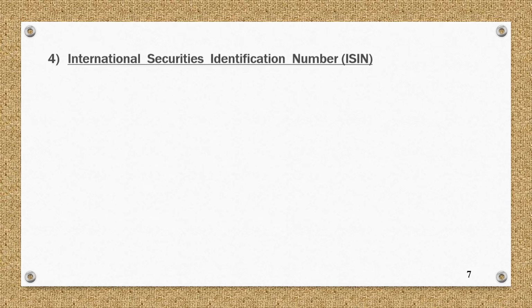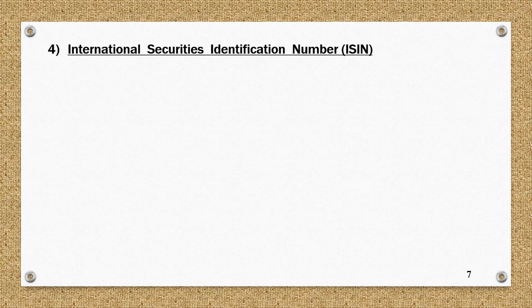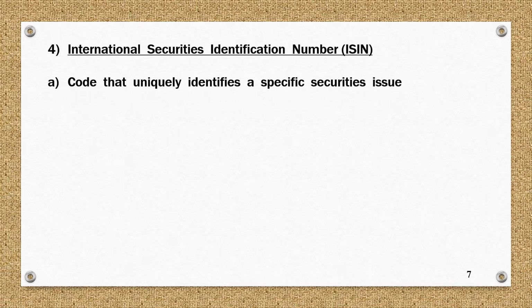The next and the last concept related to the depository system is ISIN, that is, International Securities Identification Number. ISIN is a unique code which is used to identify securities like stocks, bonds, mutual funds, etc. Such a code is essential as there are so many securities traded in the depository system, and it would become difficult to identify a particular security.